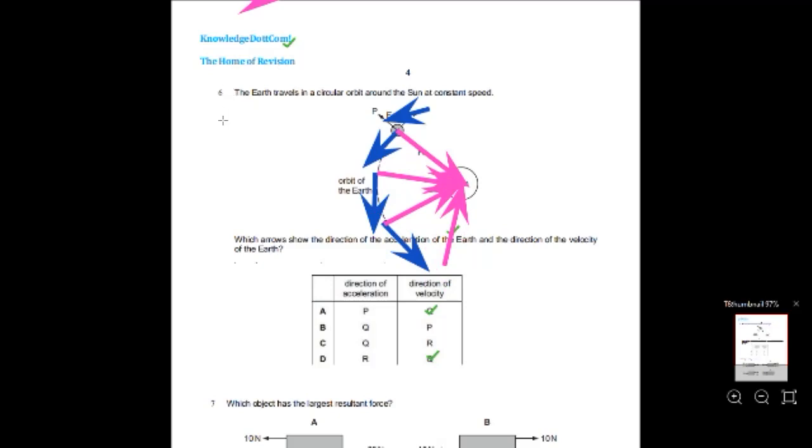So it means the correct option is somewhere here. Okay, R is the correct option. So for the direction of acceleration we have R. So overall, this option is incorrect because none of them is matching. This option is incorrect and this option is correct.